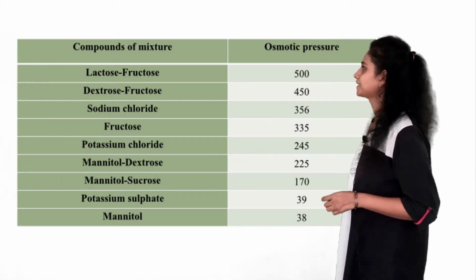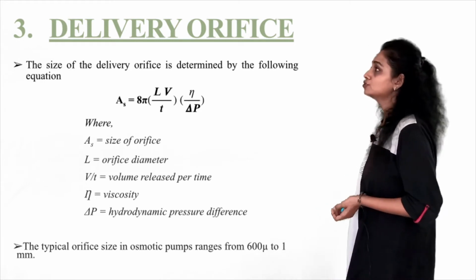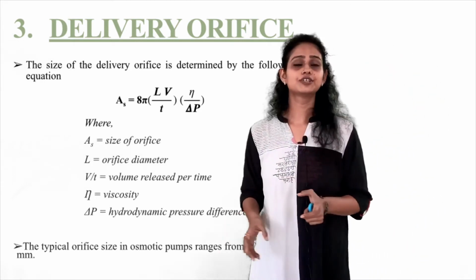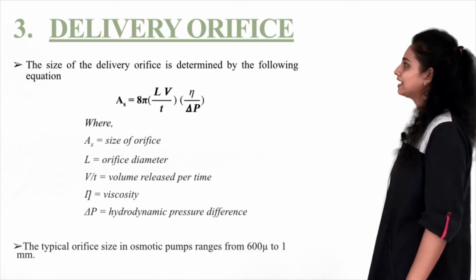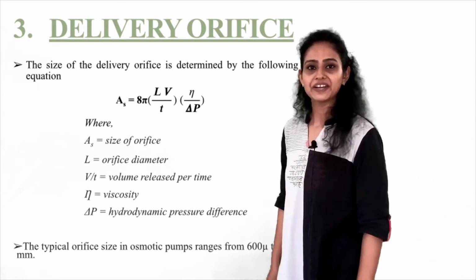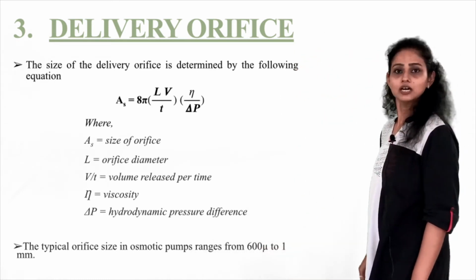Now, our next factor is the size of the delivery orifice. If we want to control the size of the delivery orifice, then that can be calculated through this equation: A_S = 8π L (V/T) η / ΔP.